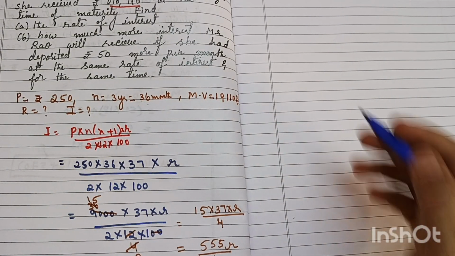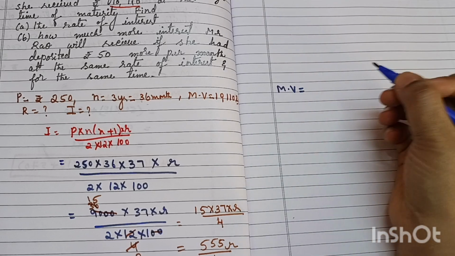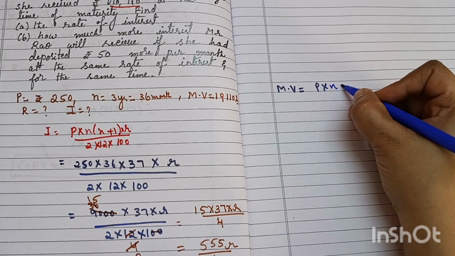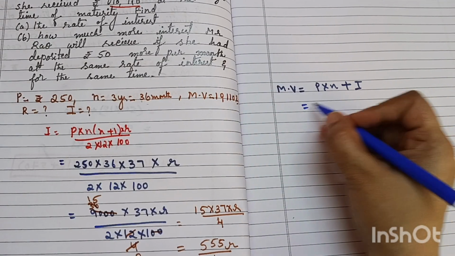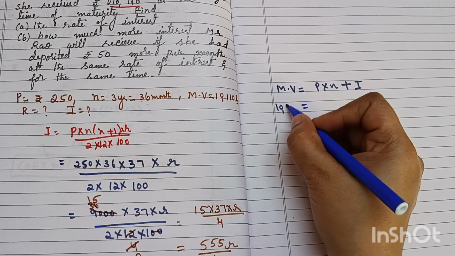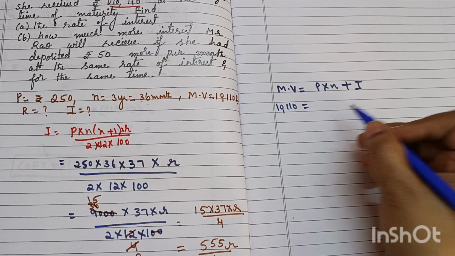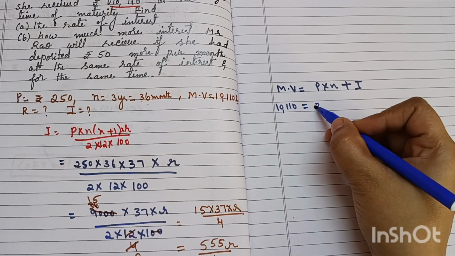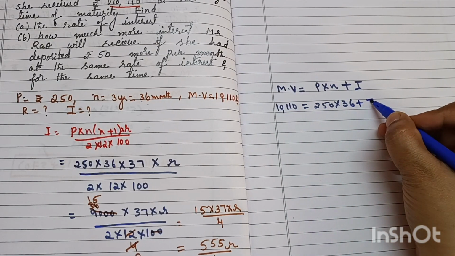Okay, so maturity value equals the formula: maturity value is P into n plus I. So here maturity value is given, 10,110. Principal is how much? 250 into 36 plus interest.